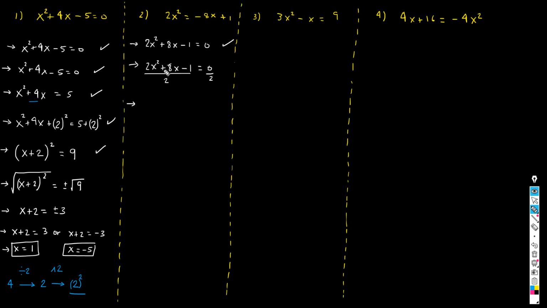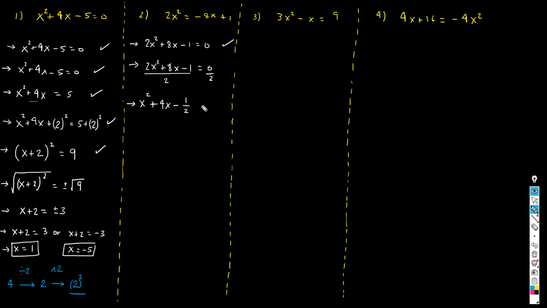If you remember, when you have a polynomial divided by a single monomial, what you do is basically divide each of these terms over 2. So 2x squared over 2, you get x squared, plus 8x over 2, you get 4x, and minus 1 over 2, you get minus 1 half. Do not write decimals.